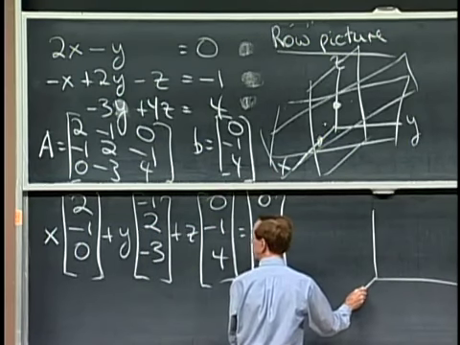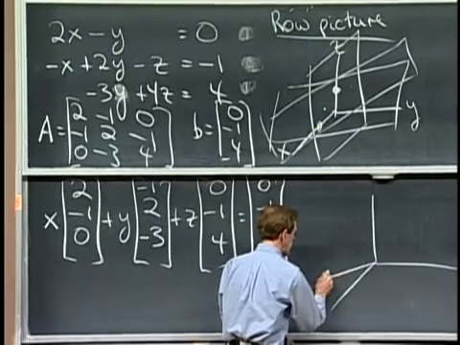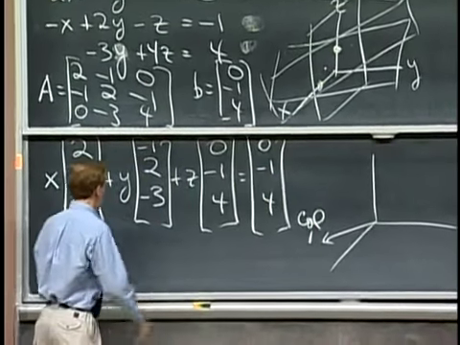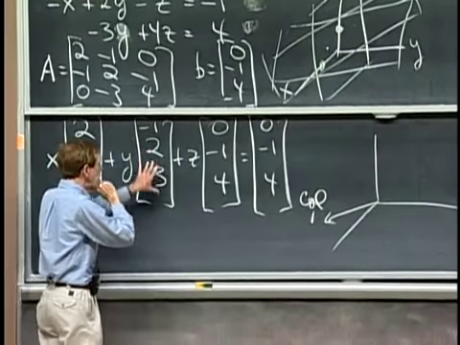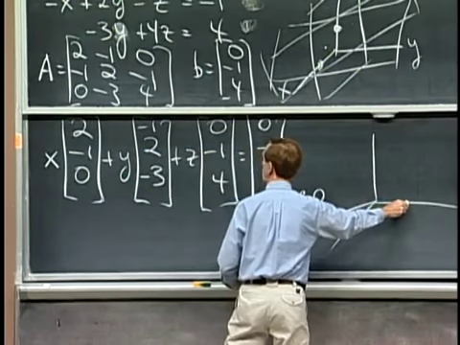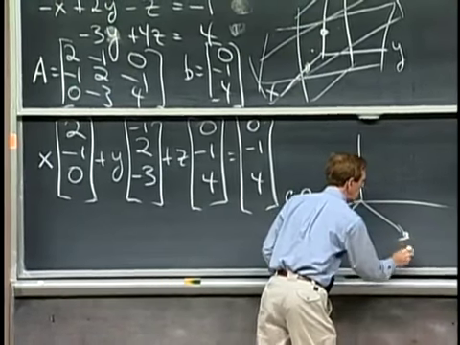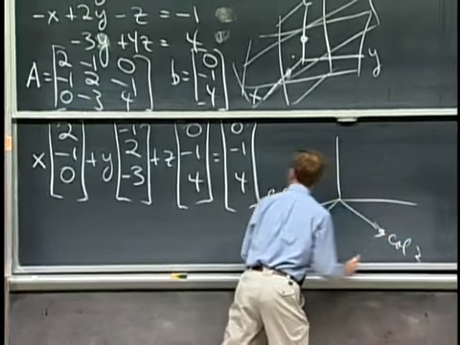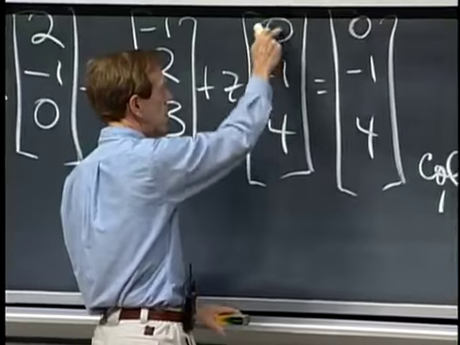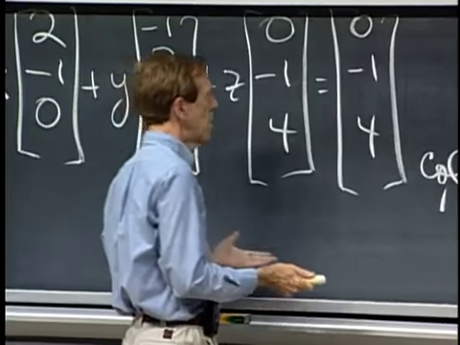So x is 2 and y is minus 1. Maybe there's the first column. The second column has maybe a minus 1 and a 2 in the y's and minus 3's somewhere there, possibly, column 2. And the third column is 0, minus 1, 4.